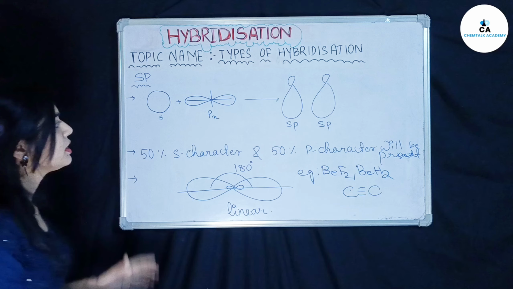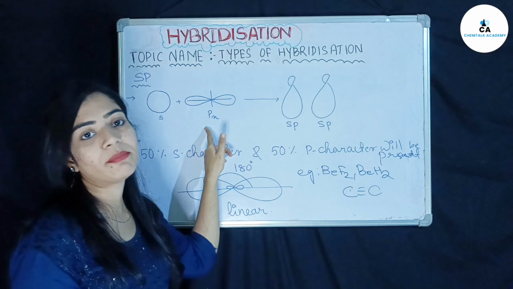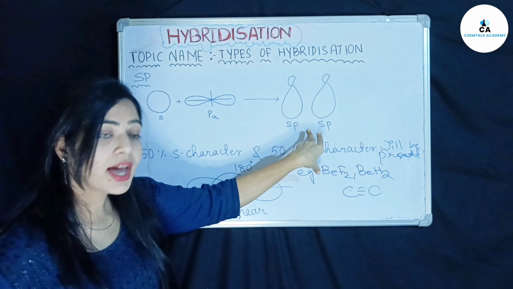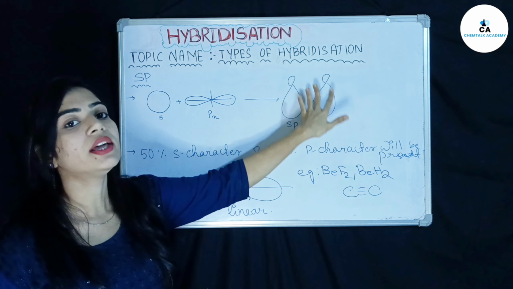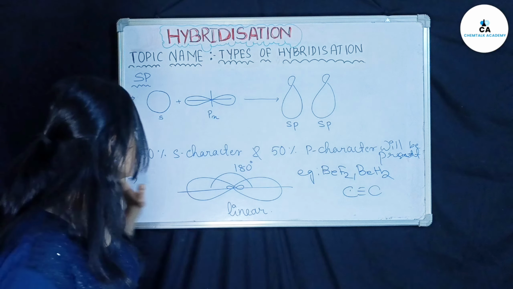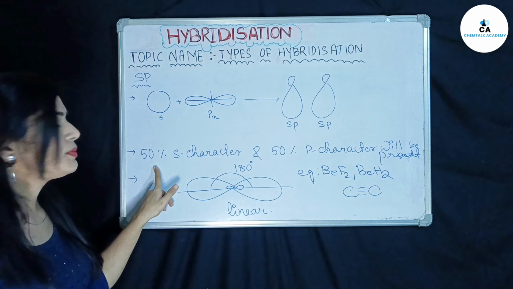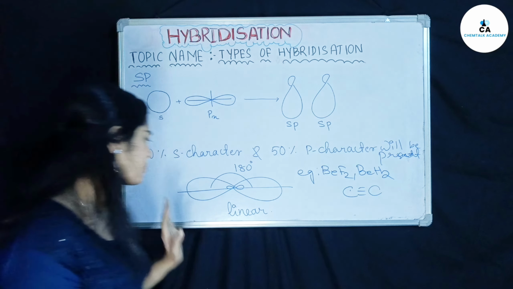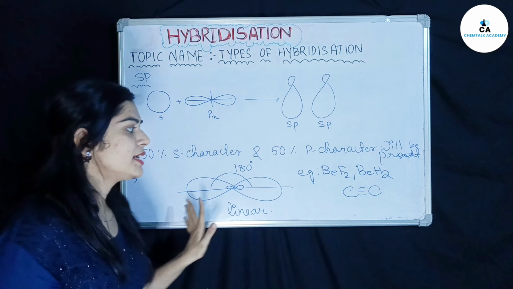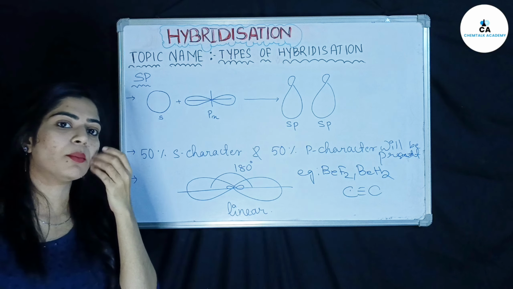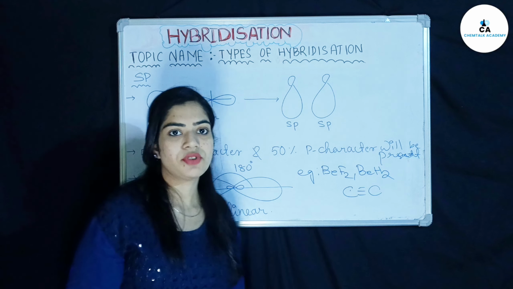Once again, one s orbital and one p orbital intermix to give two sp hybrid orbitals of equal energy, equal shape and equal size. The character is 50% s and 50% p, the structure is linear, and the examples are BeF2, BeH2 and all compounds containing a carbon-carbon triple bond.